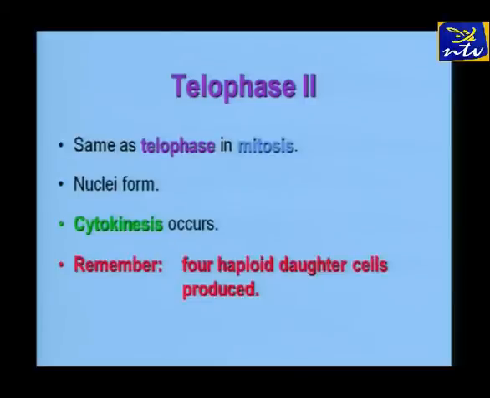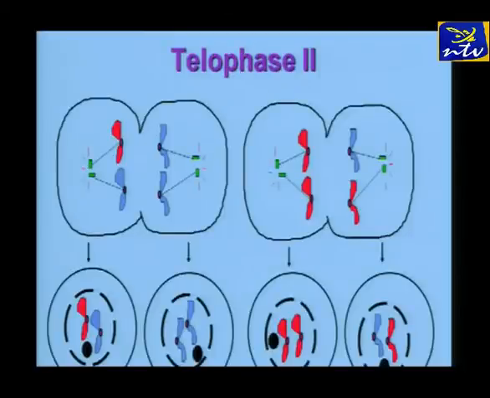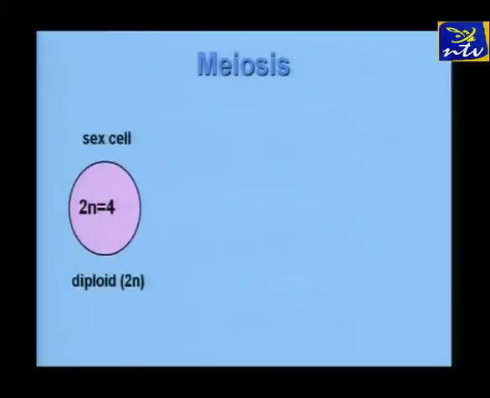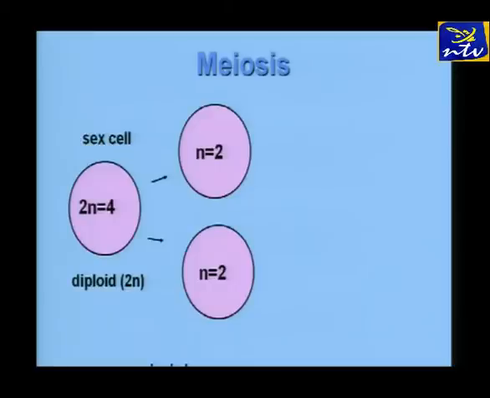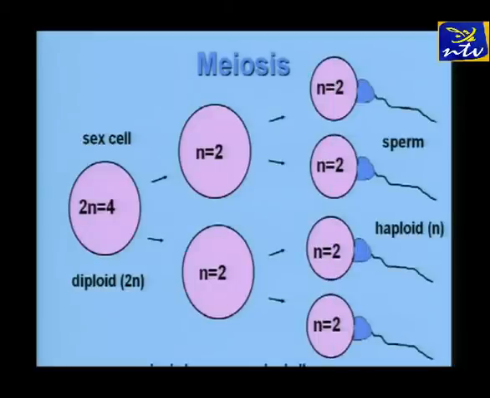Remember, 4 haploid daughter cells are produced. Each cell has half the number of chromosomes. So gametes are either the sperm or the egg cell. This is how the fusion of gametes takes place.